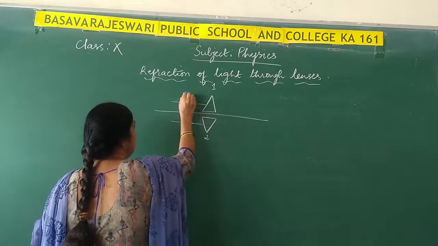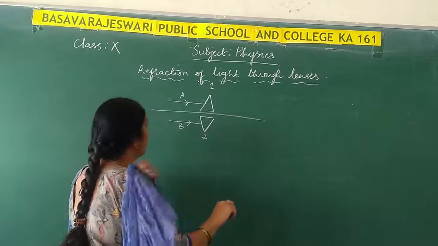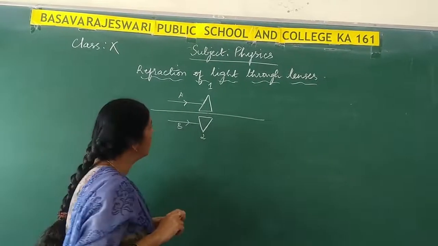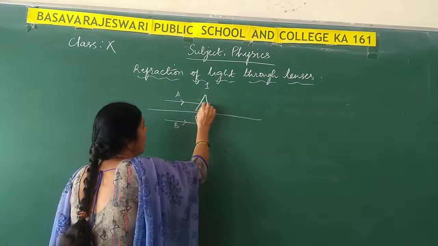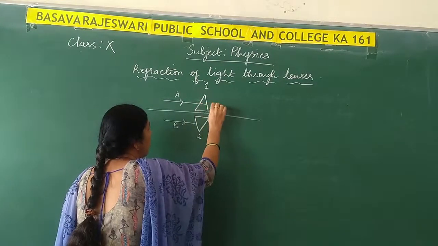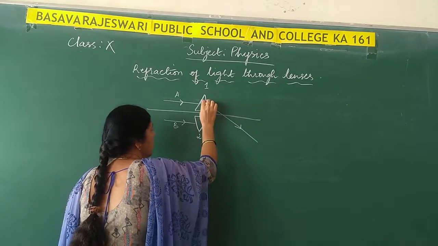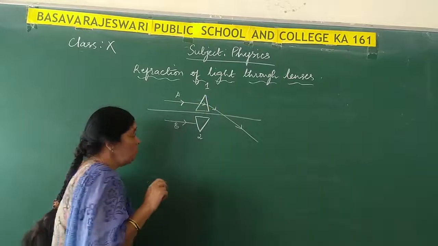So let us consider A and B are the two rays entering the two prisms 1 and 2. Now according to refraction of light through a prism, what we have learnt? The prism will refract the light ray and the emergent ray will always move towards the base of the prism. Is it not? So this will be the emergent ray for prism 1.